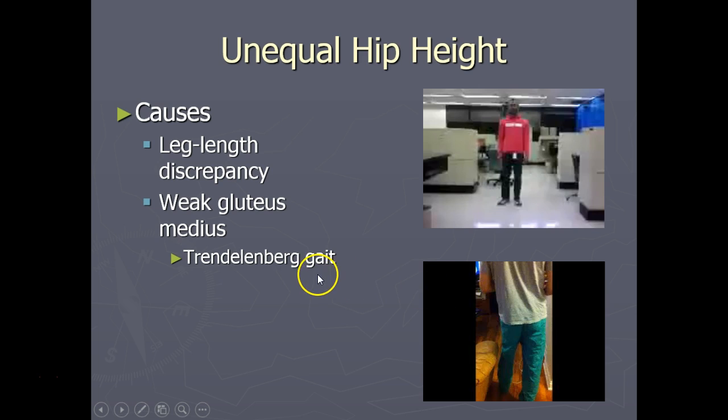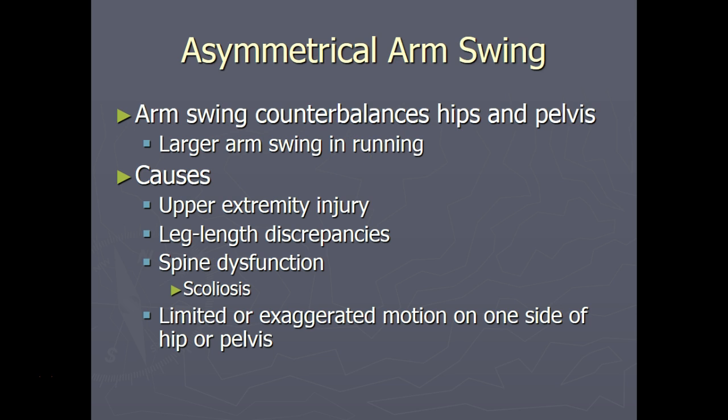So you can see exactly what that looks like, but we can all remember what Trendelenburg's test would look like. The inability of the stabilizing or stance limb to stabilize that pelvis, so that opposite pelvis is going to drop down towards the ground.